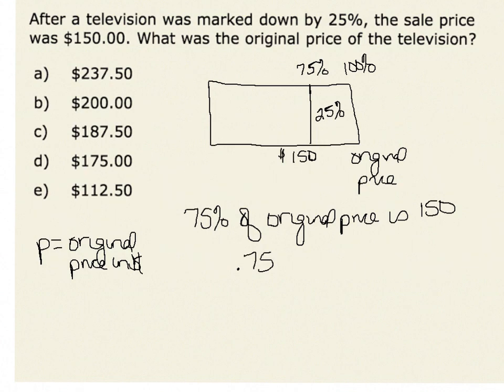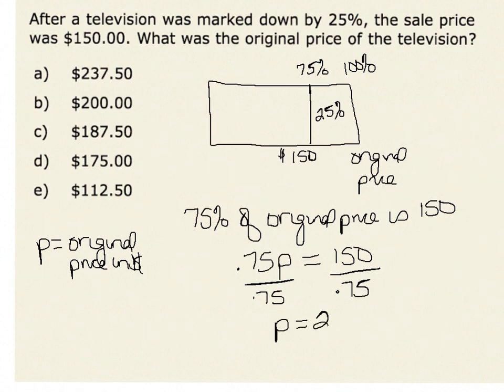Therefore, 75% of my original price is 0.75 times P, and that is equal to $150. Dividing both sides by 0.75 would give me my original price. Therefore, P is equal to $200.